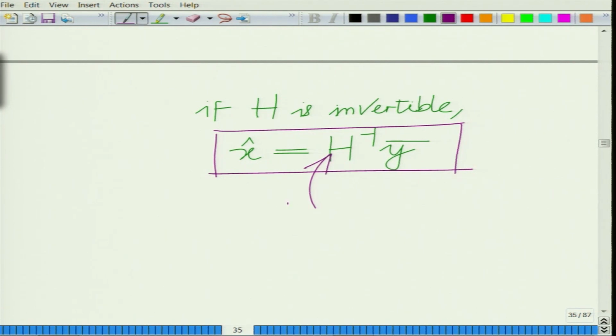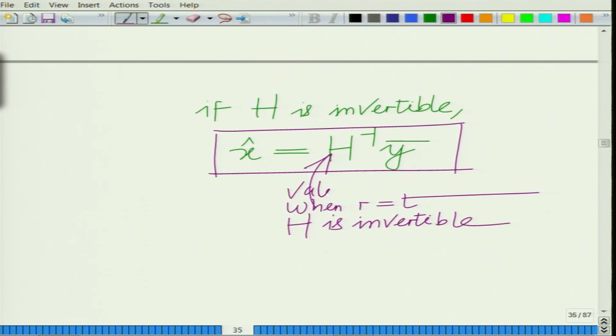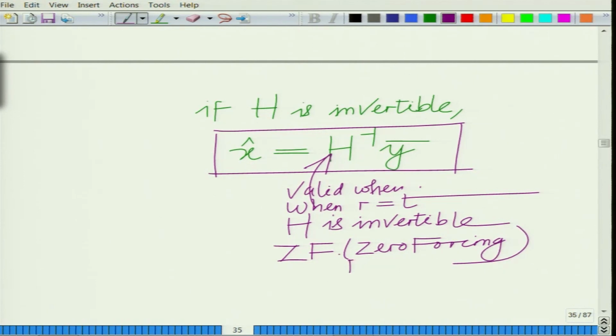It is like solving a system of linear equations, but mind you this is valid only when R equal to T and H is invertible. This is what is termed as the ZF, or zero forcing receiver.